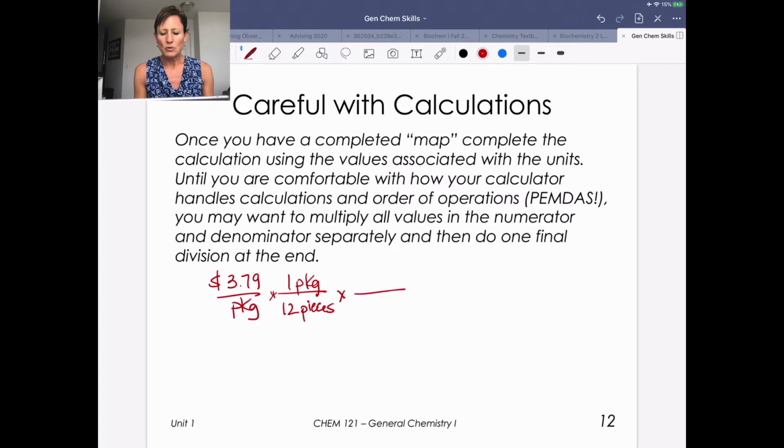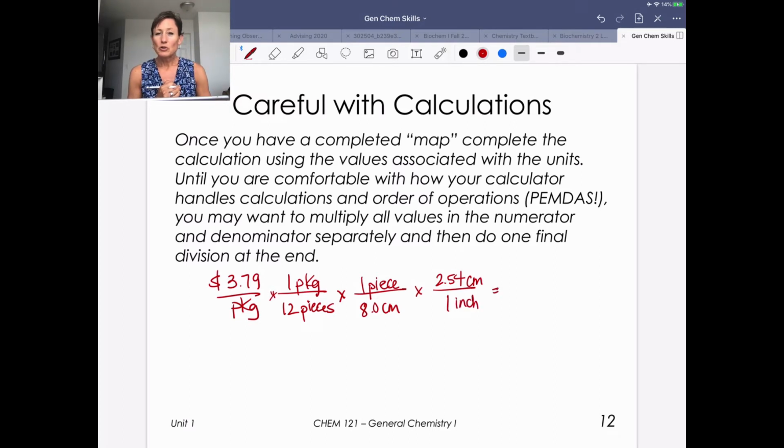Now, if I go through and I measured one of those pieces, 1 piece is going to be 8.0 centimeters. And we'll talk about in a little bit why I put that 0.0 there. And I also know I wanted to know it per inch. So I know, because I can look up on a table, that it's 2.54 centimeters is going to be in 1 inch.